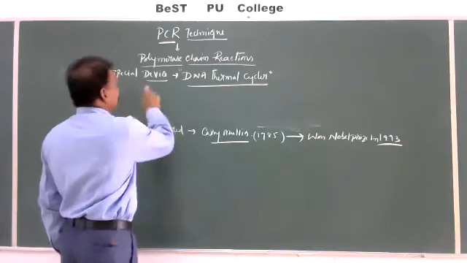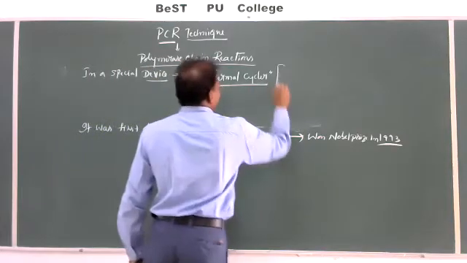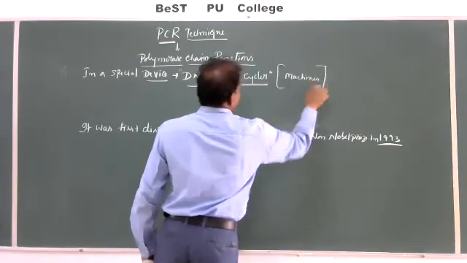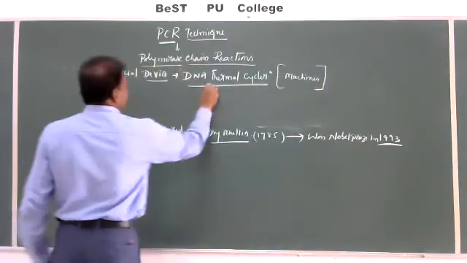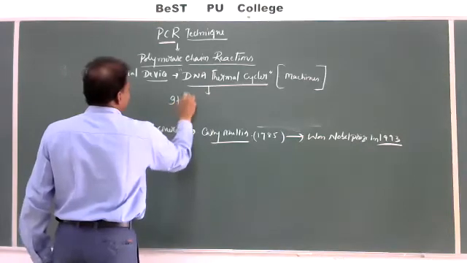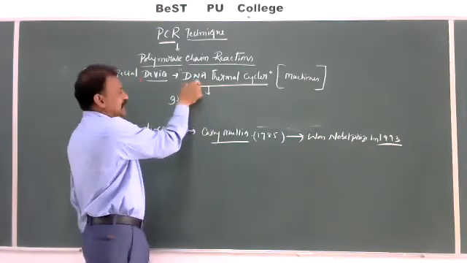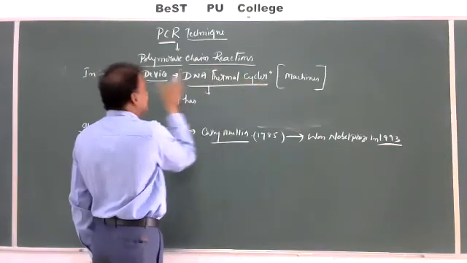So in the NCERT book they have not mentioned this, my dear students. The DNA thermal cycler is a device, a machine.